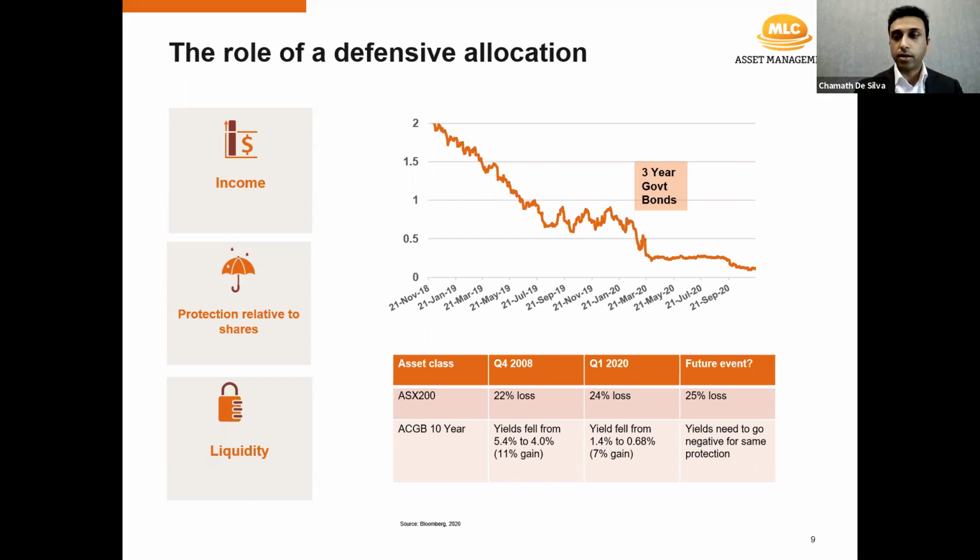The RBNZ did signal they're going to move negative, although they have backtracked a little bit, but they've left that option on the table. So even if it isn't our base case, we should be aware that it is a possibility, particularly if inflation continues to surprise on the downside. If we did have actual deflationary expectations take hold, that is the greatest fear of central banks right now. So again, it depends on how the macro environment evolves.